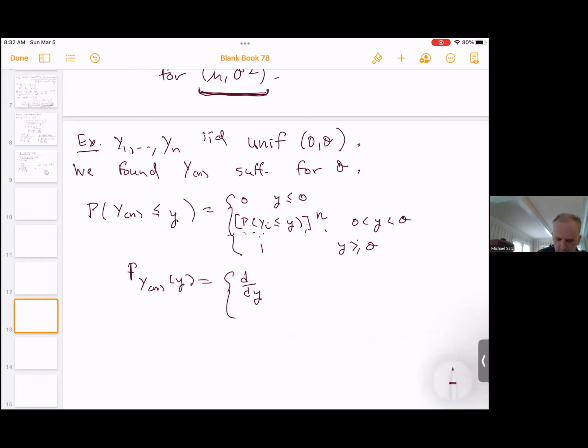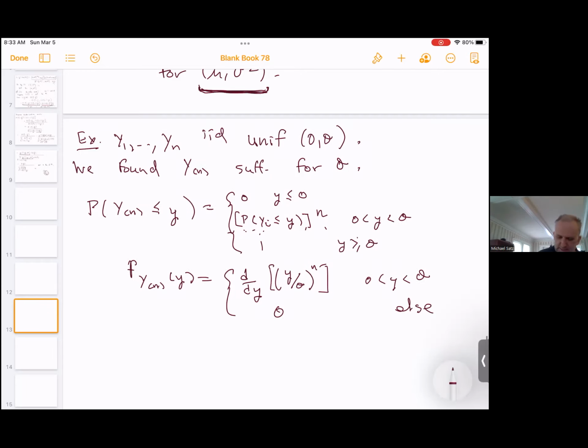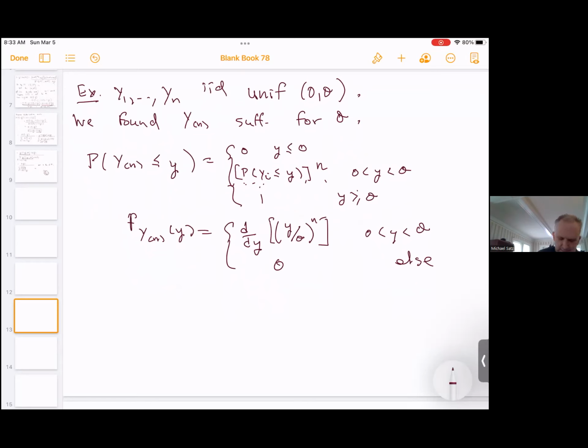It's just little y over theta, right? This is for 0 less than y less than theta, and 0 else. And so then if we take the derivative here, we get n over theta to the n, y to the n minus 1, and 0 else.